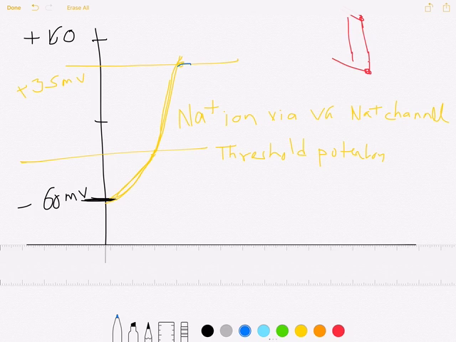However, the potassium conductance is still happening. There's a high potassium inside the cell. And remember we mentioned what was keeping the potassium inside the cell? It was the negatively charged proteins. But now you have enough sodium inside the cell to neutralize those proteins. So there's nothing to hold the potassium back. So this potassium diffuses out and repolarizes the membrane.